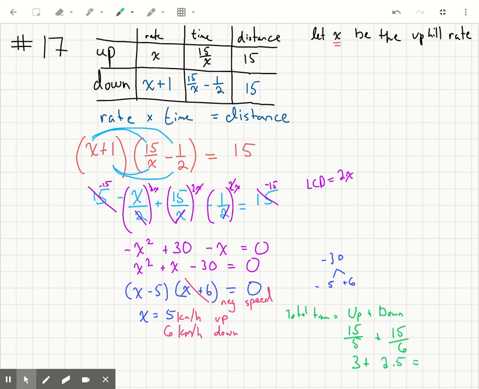So the total is 5.5 hours. That would be our total time. So I should write that out. Total time, hike time, I guess, is 5.5 hours. Okay.